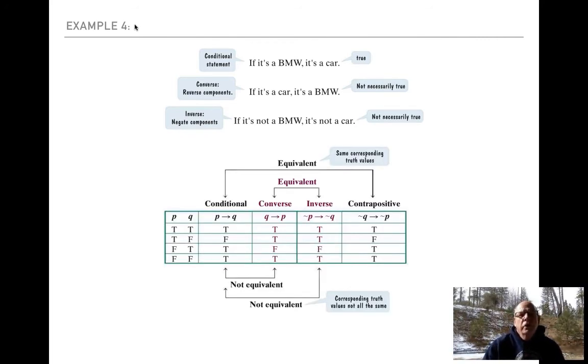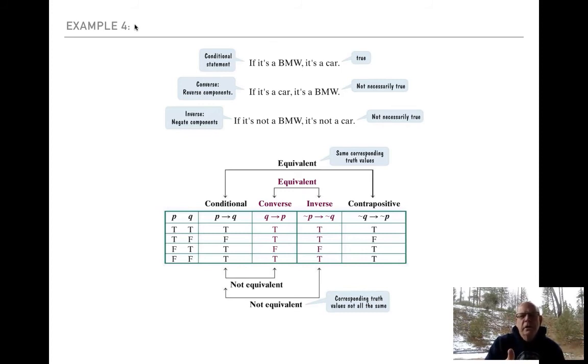This is a great chart out of your book, and I'd like you to focus really on the top first. If we look at the top part, we have the original conditional statement, P implies Q. Its truth table is true, false, true, true. If we compare that all the way over to the contrapositive, that we've already done the example for, not Q implies not P, it has the exact same truth table. Those are equivalent statements. Okay, but if we look at the bottom half of this chart, if we compare the original conditional statement to the converse, they're different truth tables, they're mixed up.